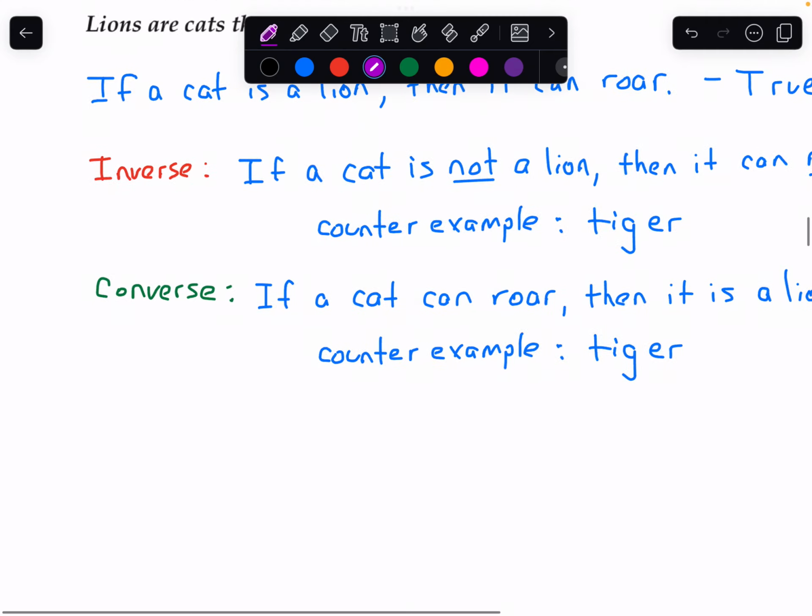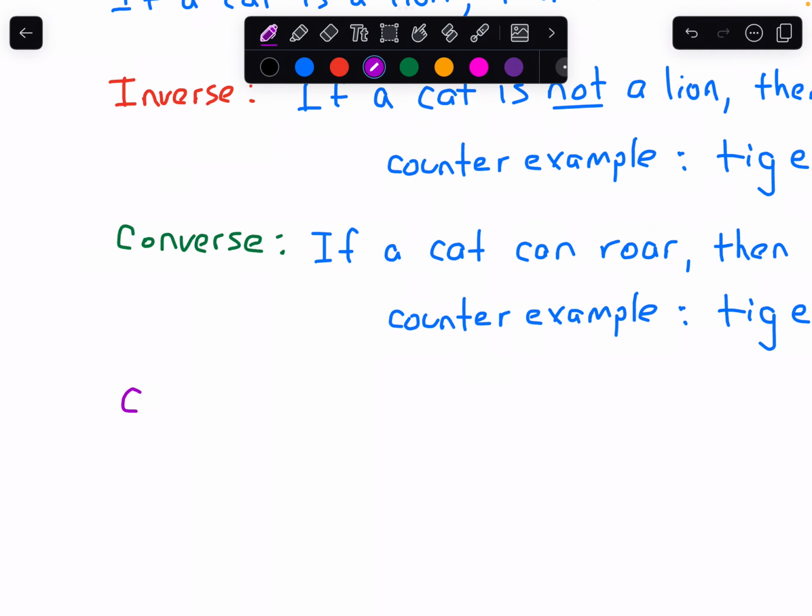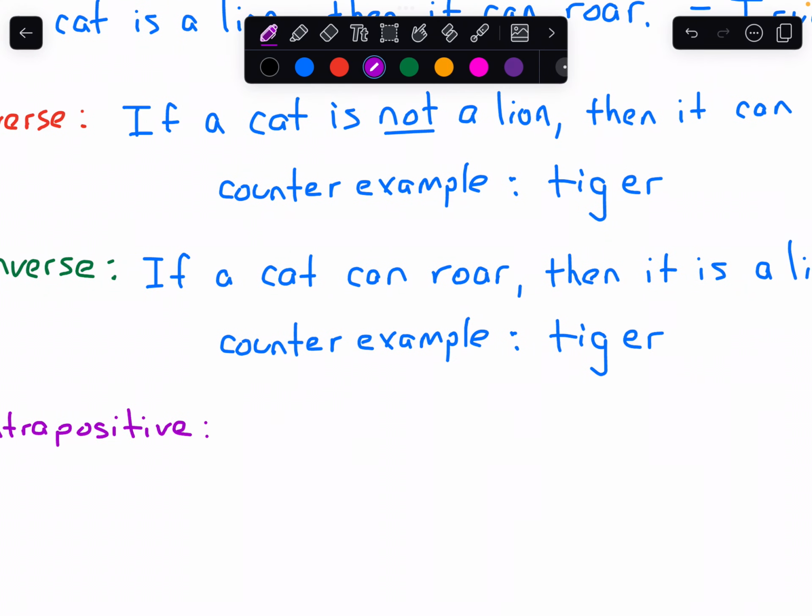And finally, let's write the contrapositive. The contrapositive is found by negating and exchanging hypothesis and conclusion.